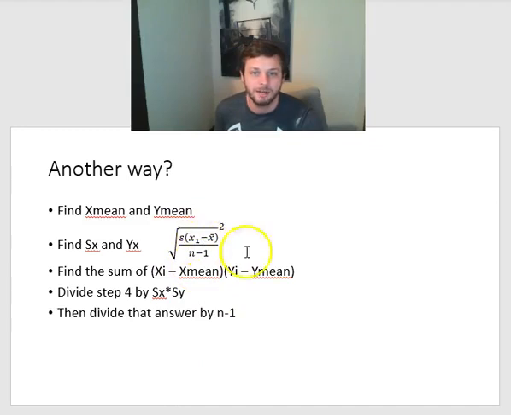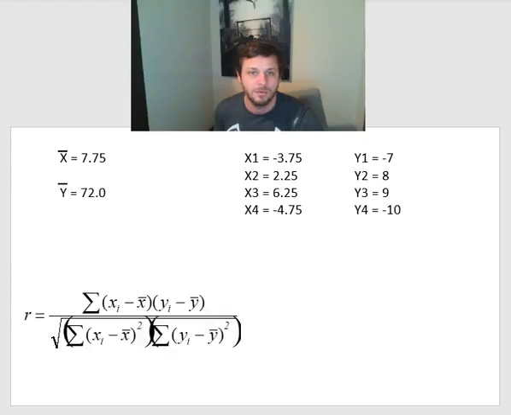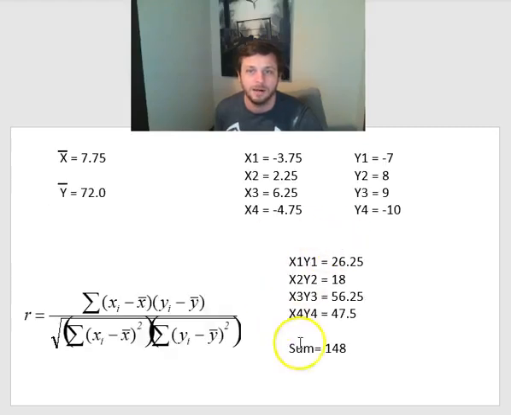And so that would be for x, and then you would do the same thing for y to find the variance in there. And then you find the sum of xi minus your x mean times yi minus your y mean. So that's what we're doing right here.